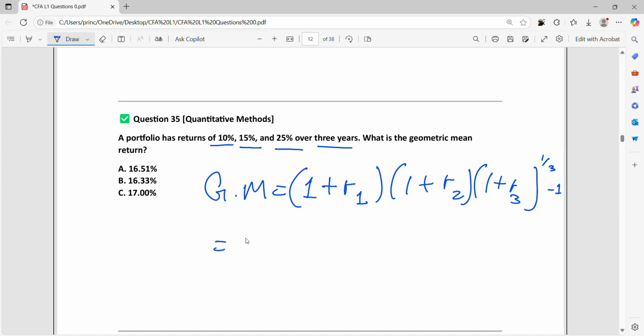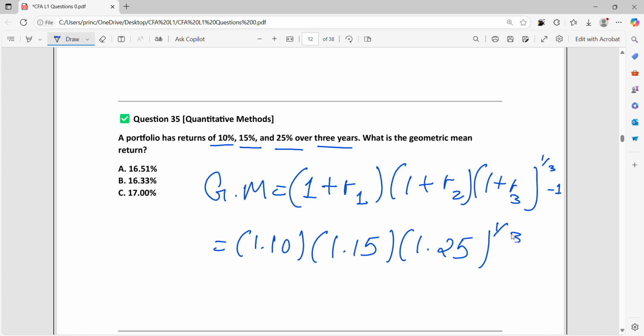So 1.10, 1.15, 1.25 whole to the power 1 by 3 minus 1. So the correct answer is 16.51, option A.